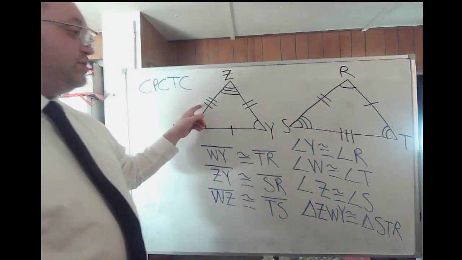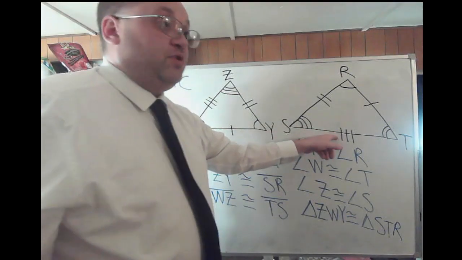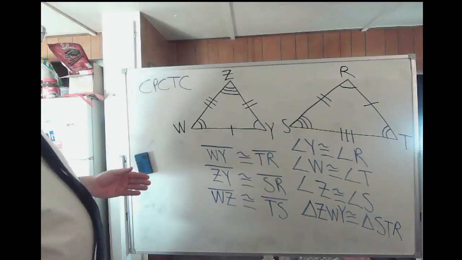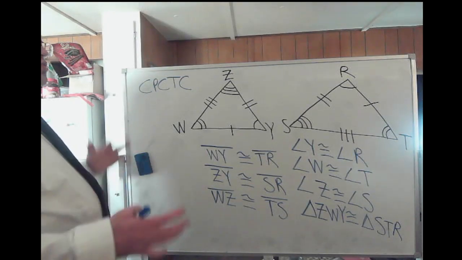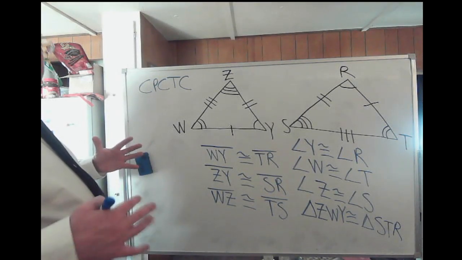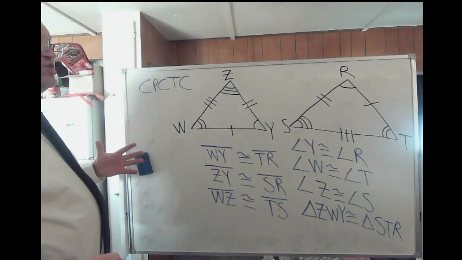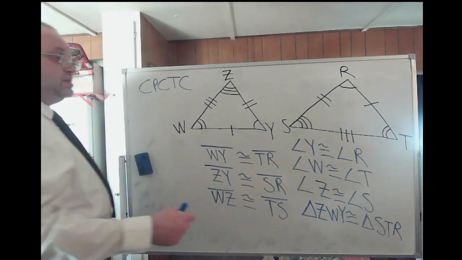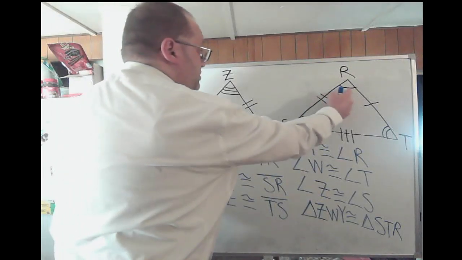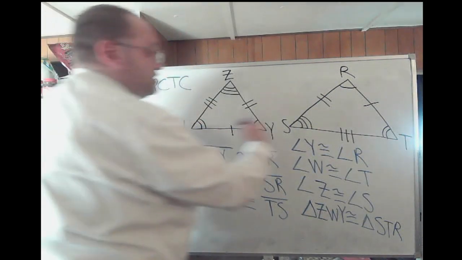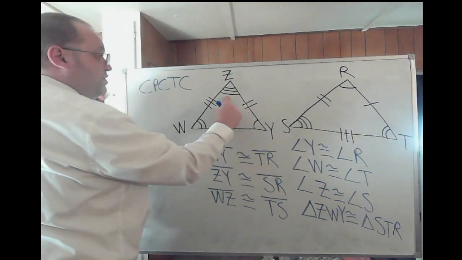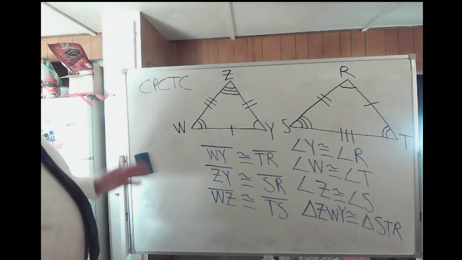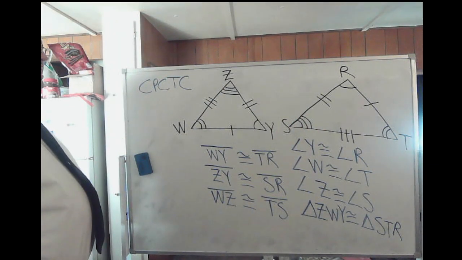The 3 tick marks correspond to the 3 tick marks on the other. Those are called congruency markers. They show you which sides correspond and are congruent on each triangle. Same with the arc marks and the angles. 1 arc mark corresponds to 1 arc mark, 2 arc marks correspond to 2 arc marks, 3 arc marks correspond to 3 arc marks. Those show you which angles are congruent to each other.